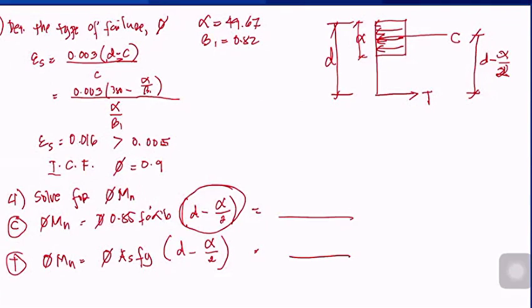And P is equals to As Fy. So you can take moment about C: As Fy multiplied by the moment arm, d minus alpha over 2.